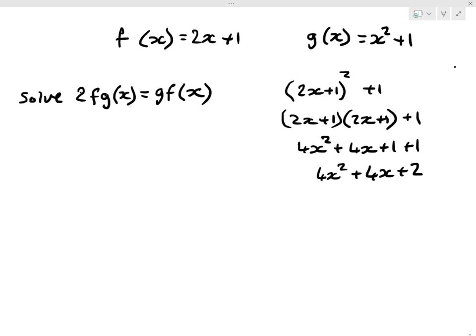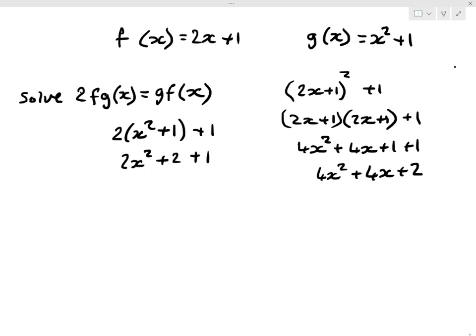Now, the fg bit, that's this bit. So we put the g into the f. So we go 2 times x squared plus 1 plus 1. So that's 2x squared plus 2 plus 1.